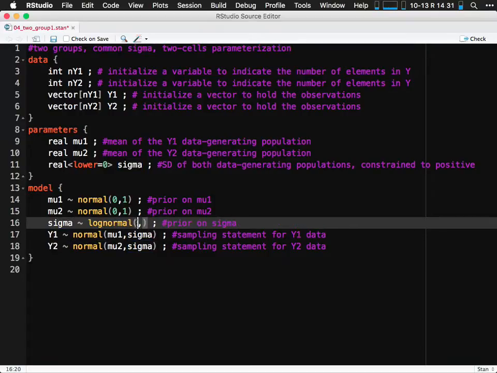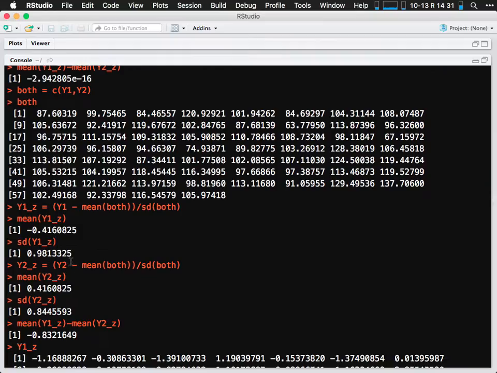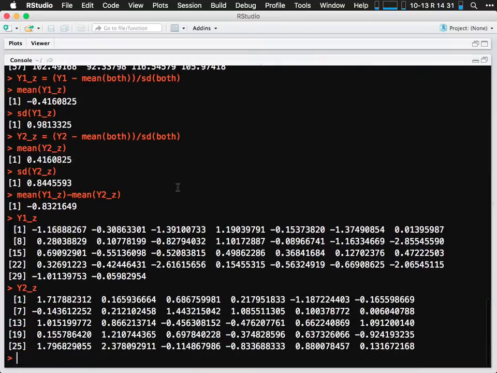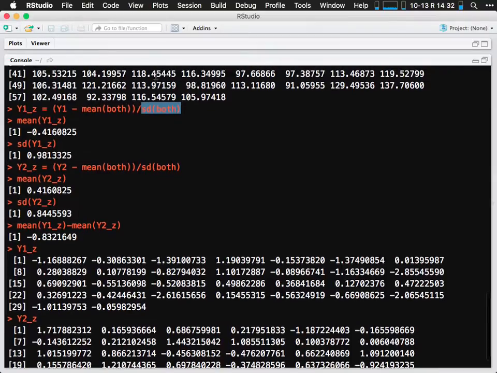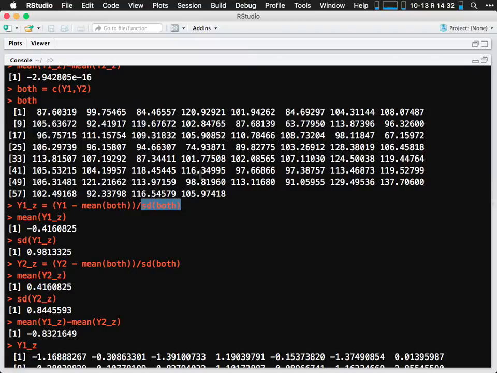Now, we standardize the data, so if you look at the values for each one, the standard deviation of 2 was 0.8, standard deviation of 1 was 0.9. So we've actually scaled it by the variability of both.